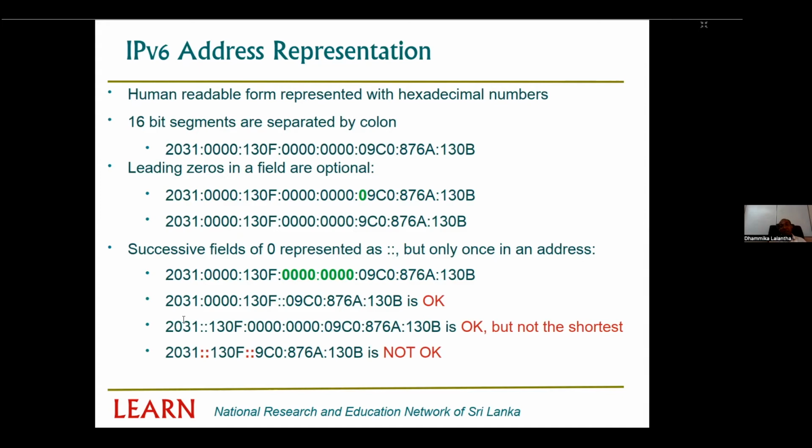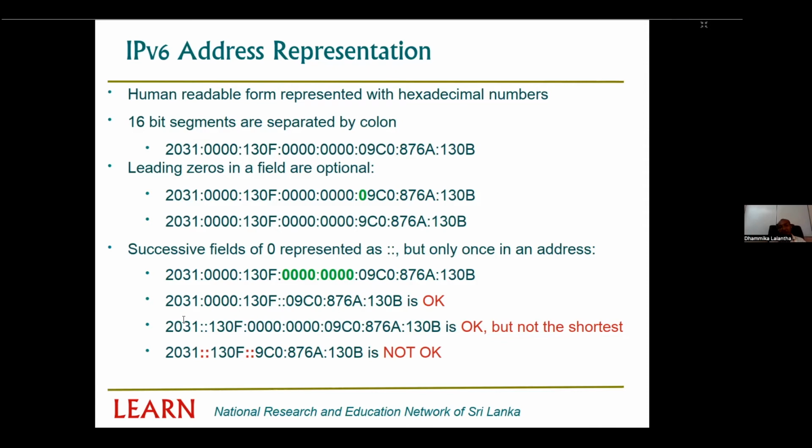In IPv6, we represent addresses in hexadecimal numbers, and normally we divide the IPv6 address into 16-bit segments.